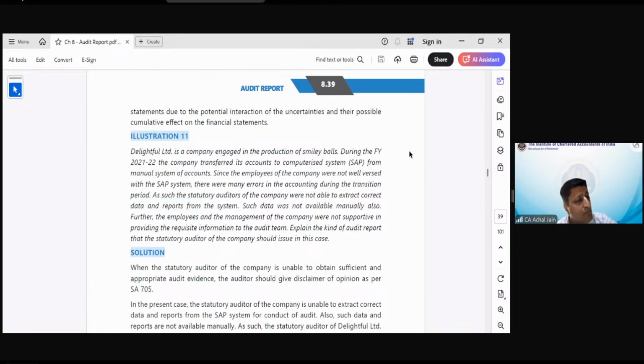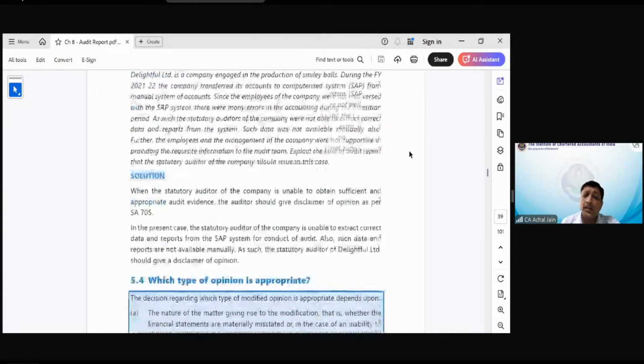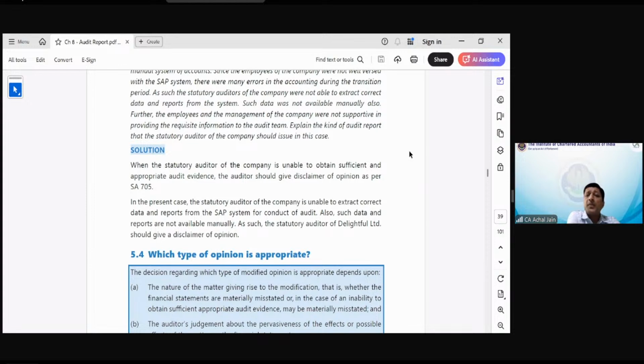Okay. So that's why in the given situation, what should the auditor do? In the present case, because the auditor is unable to extract the required documents, he should be looking at a disclaimer. Why? Because the impact is considered to be not only material but also pervasive.